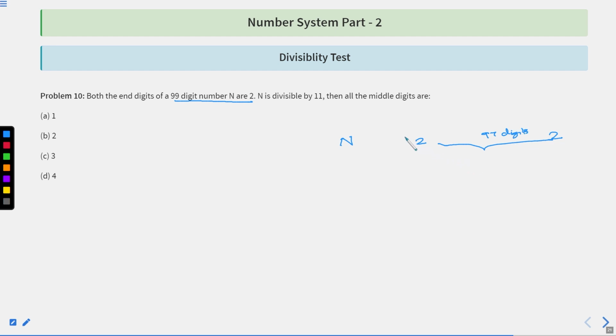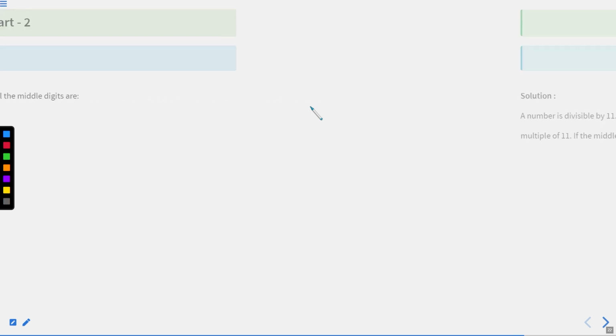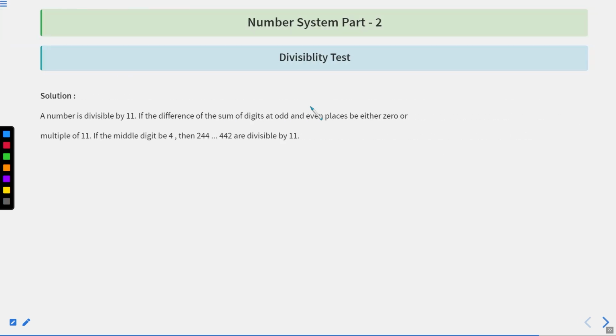It is given that this number N is divisible by 11. So what are all the middle digits? A number is divisible by 11 if the difference of the sum of digits at odd places and the sum of digits at even places is either 0 or a multiple of 11.